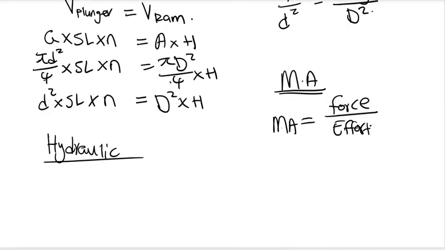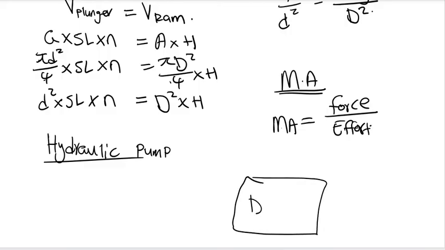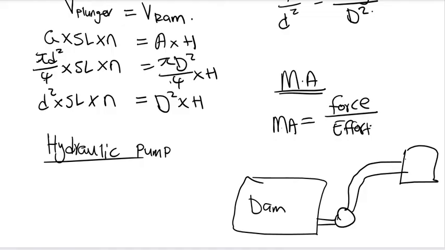Okay, so on a hydraulic pump, if we have a dam here, we are maybe going to have a pump here transferring liquid to another dam over here. I will just write the formula here.